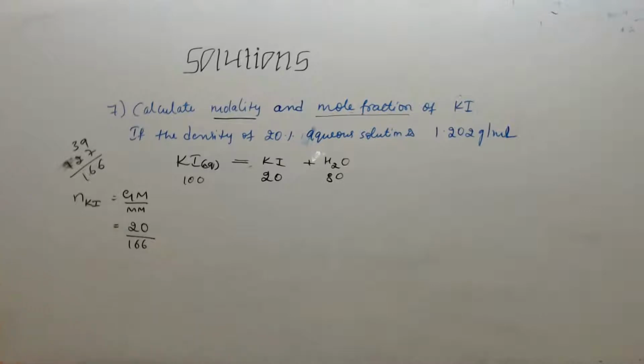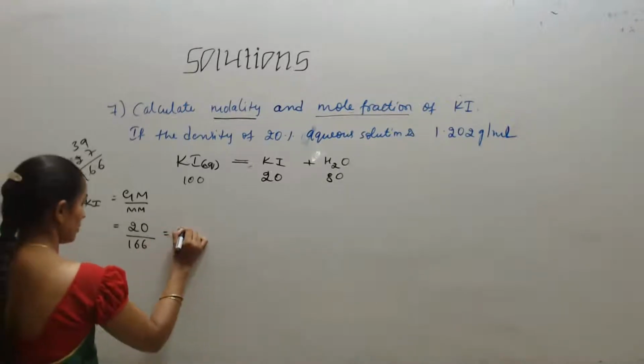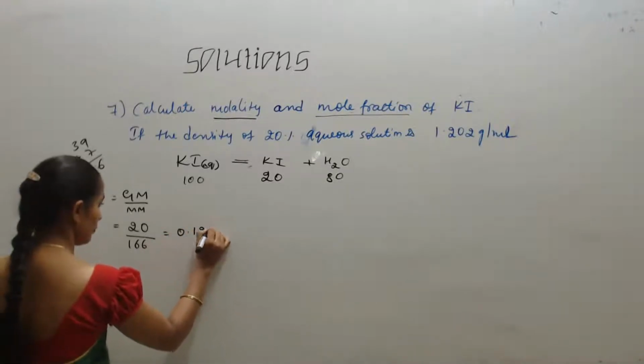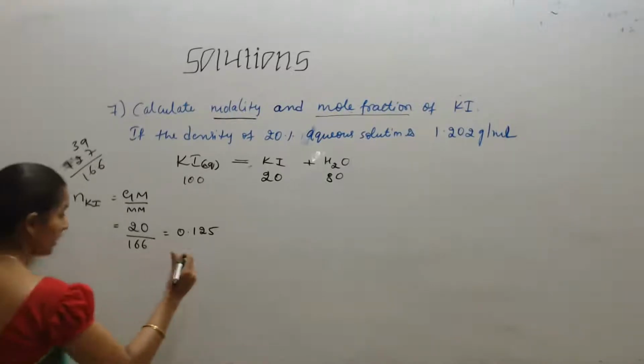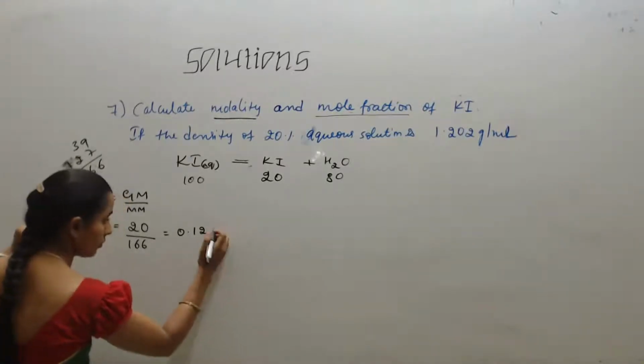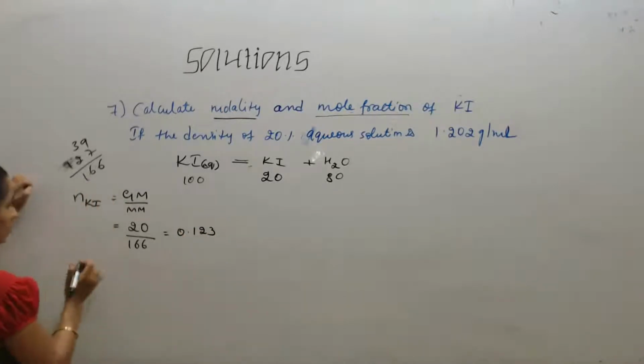So we will get the answer, students, approximately 0.125. Okay, approximately we will get 0.125 or 0.123.